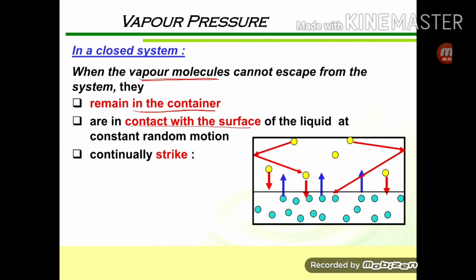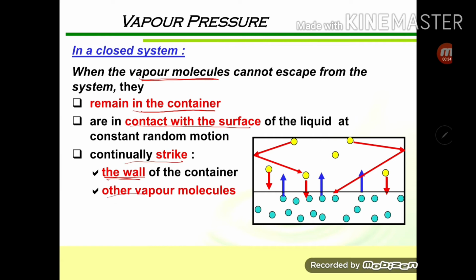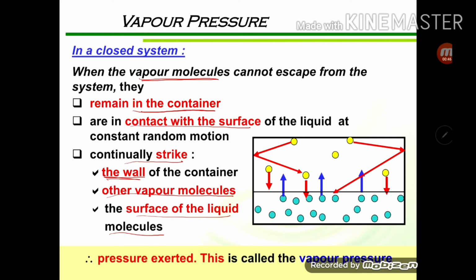At this time, vapor molecules continually strike the wall of container, other vapor molecules, and continually strike the surface of the liquid molecules. At this time, pressure is exerted, and this is called the vapor pressure.